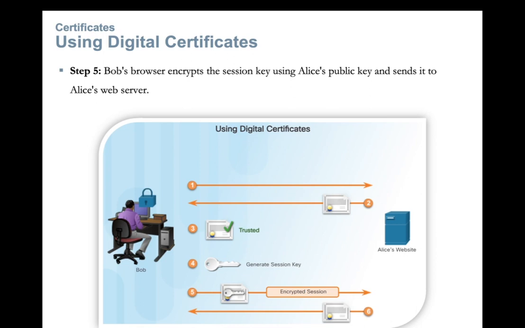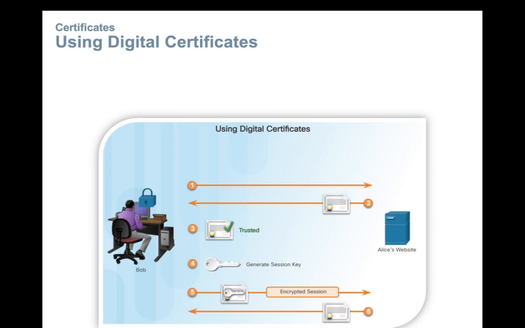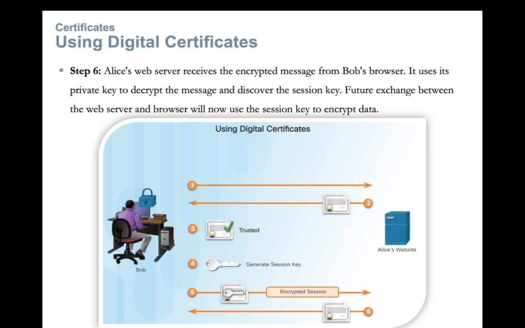In the sixth step, Alice's web server receives the encrypted message from Bob's browser and uses its private key to decrypt the message and discover the session key. Further exchanges between the web server and browser will now use the same session key to encrypt the data. This is how digital certificates are used for web applications.